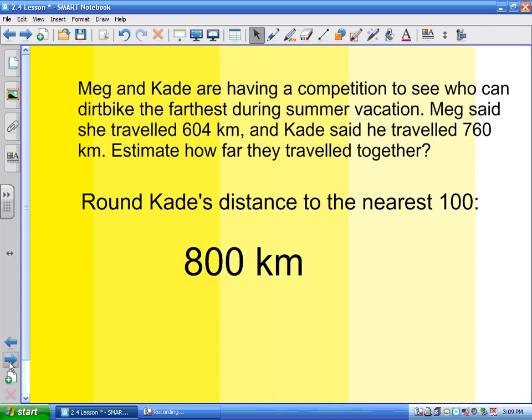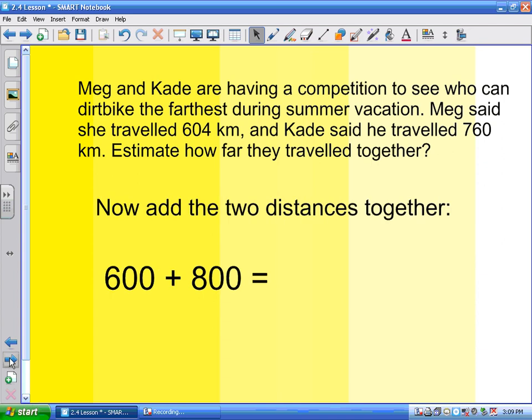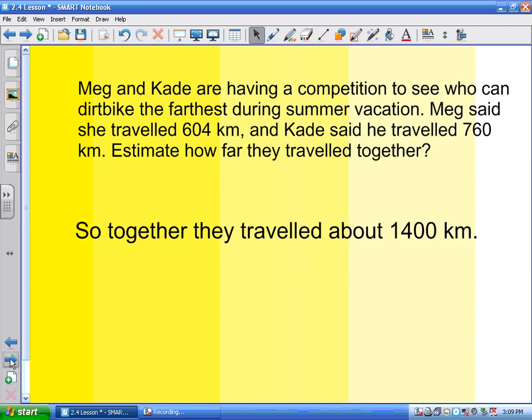Cole, what do you think the next step is going to be? Now add the two distances together. You're pretty good. When you add these together, Teddy, what do you get? 1,400. And you need a sentence. So together they have traveled about 1,400 kilometers.